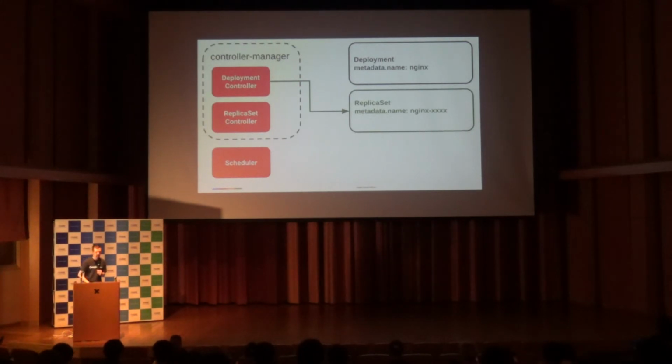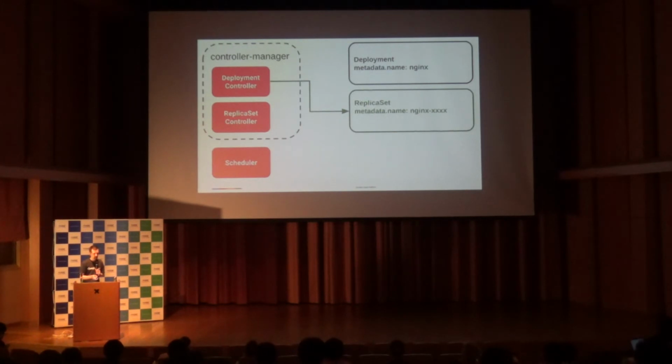A replica set essentially represents a set of pods, so instances of the application. You might ask, what's the difference between a deployment and a replica set? Really the only difference is that deployments also give you other features like rolling updates that are independent of just managing a number of instances.